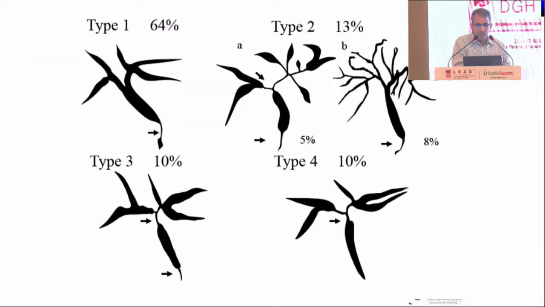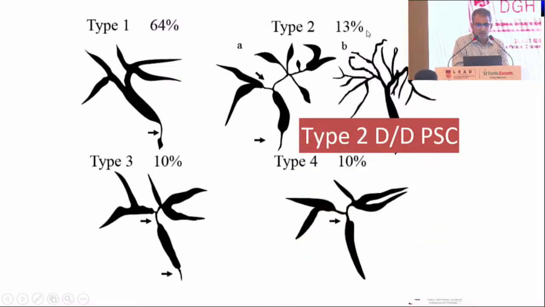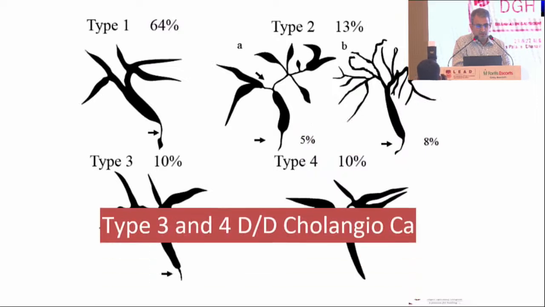Then you have type 2, which is hilar involvement with lower end CBD involvement. Here again the pancreas is involved, or a PSC-like picture with a lower end CBD involvement. This is around 13%. Here you think about PSC as a differential.